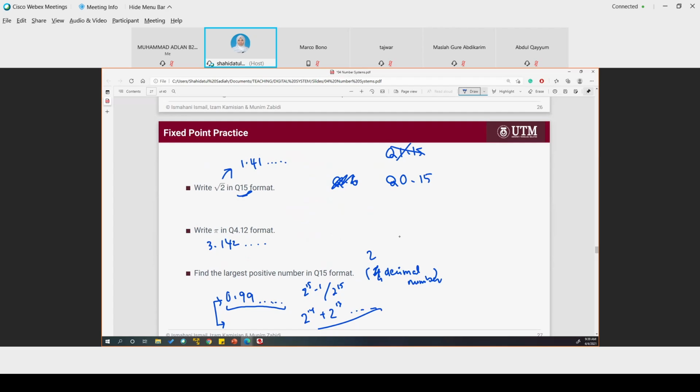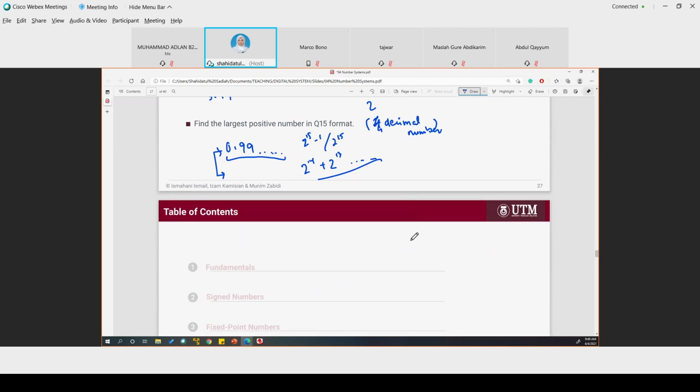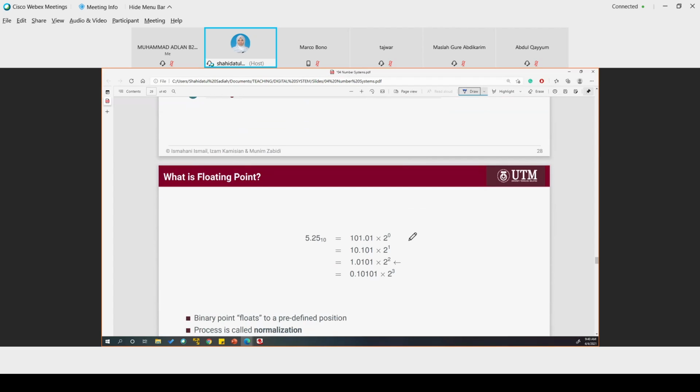Okay. All right. Good. Okay, now we're going to move to the floating point. Okay, floating point, everyone. So fixed point means you already fix the point to be between how many bits of integer and how many bits of fraction in a system. So that is the fixed point.